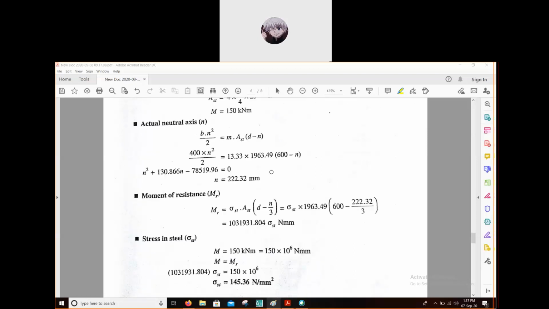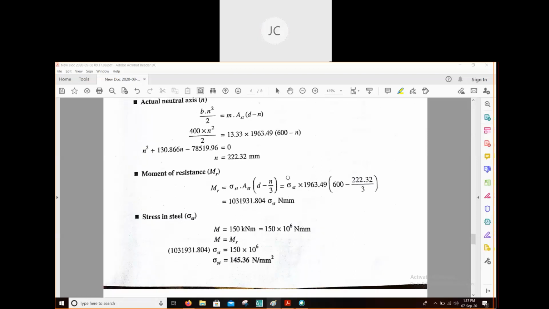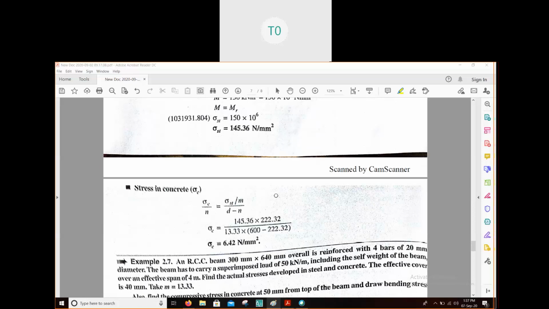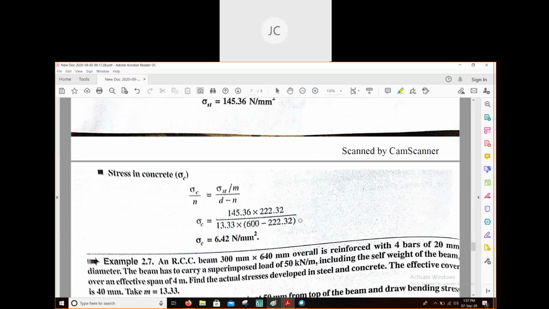So for the next problem, all of you at least try to do the first part. Try to find out the neutral axis and moment of resistance for the second problem. Read the question. Same question, RCC beam, dimension is given, AST you can find out.